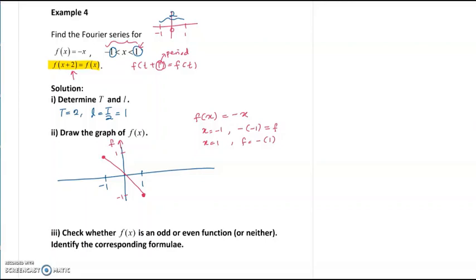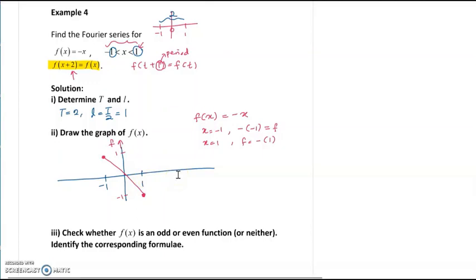But we know that this is a periodic function. Periodic means the shape of the graph will be repeated in the next period. If we consider the right-hand side, the next period would be from 1 to 3, because the period is 2.